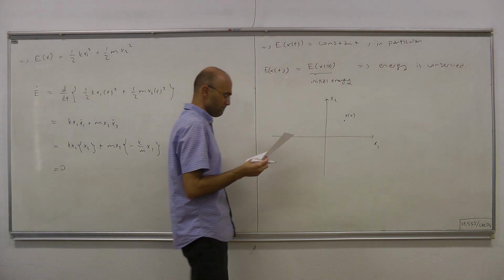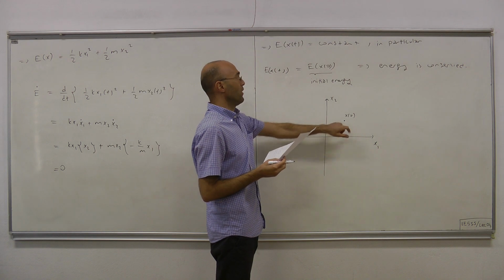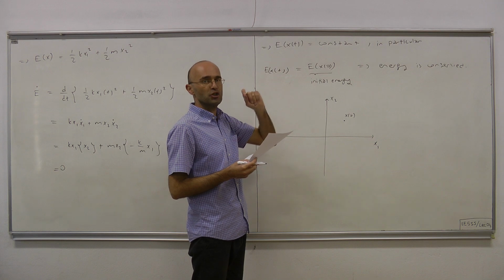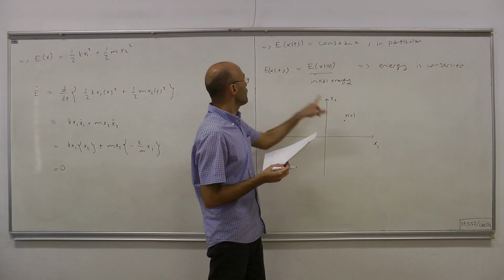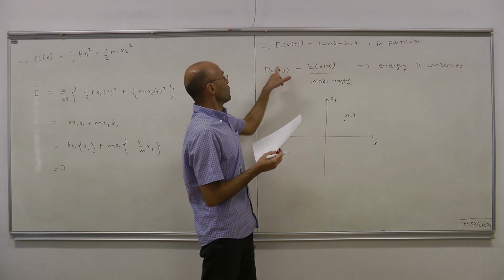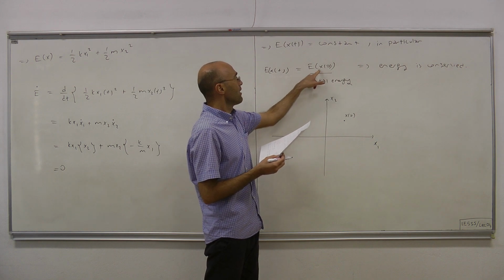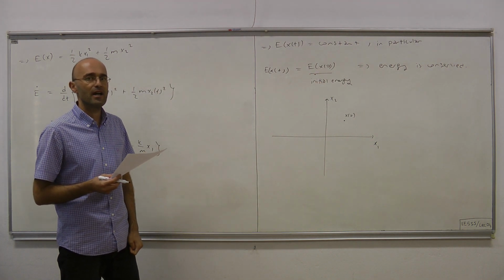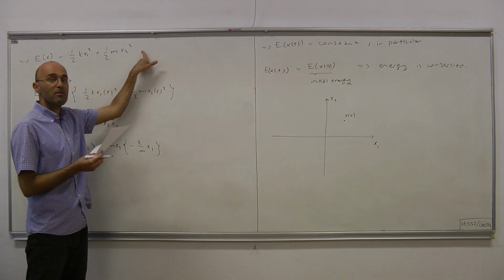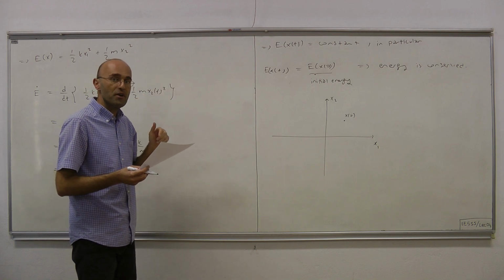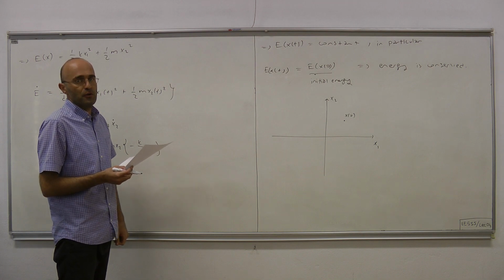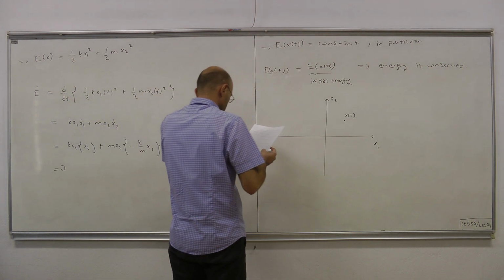If you start at this point, now this point will give us a constant, and that constant is the total energy at the initial time, t equals 0. And now for all future times, E of x of t, the total energy of the system, must equal that constant number. And that equality, this function E of x equals some constant, gives us a set of points, and that set of points forms together a trajectory.